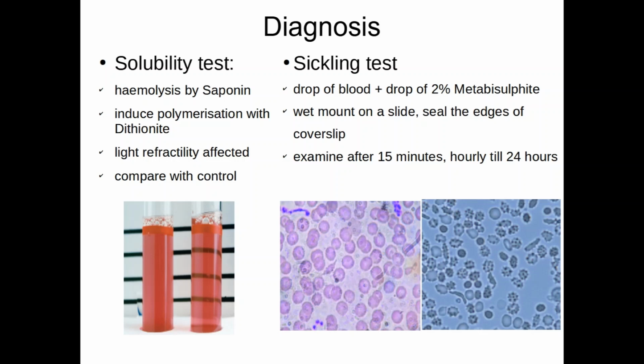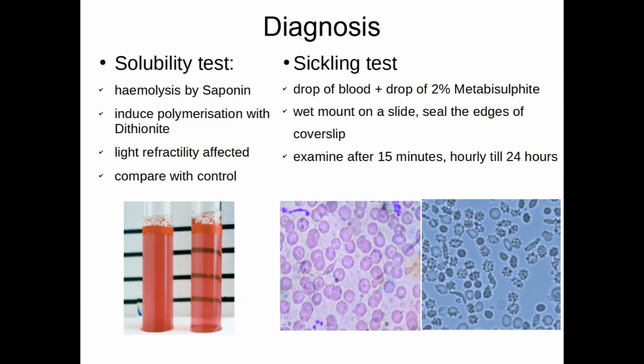Next what we do is we add one more reagent named sodium dithionite. This dithionite will induce deoxygenation and cause polymerization of the hemoglobin which has come out of the RBCs. And this polymer has a special quality that it changes the refractility of light and will not allow light to pass through it perpendicularly.